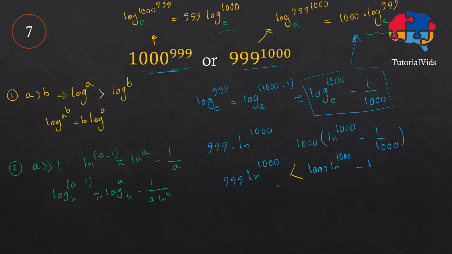If I add 1 on each side, and if I subtract 999 times the natural logarithm of 1,000 from each side, then I would get 1 smaller than the natural logarithm of 1,000.